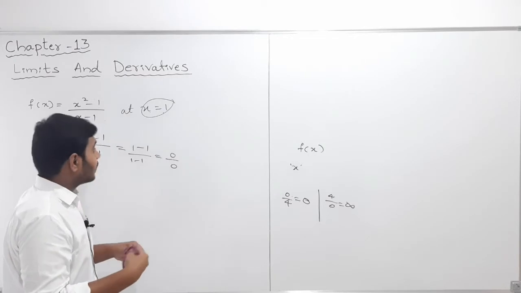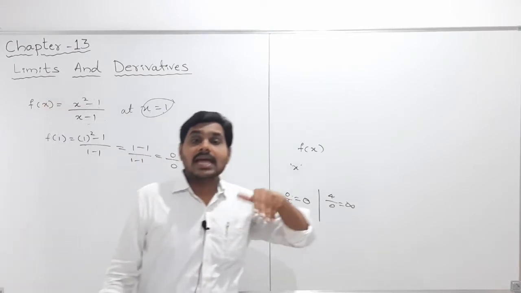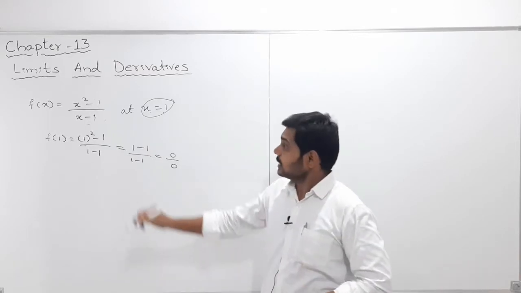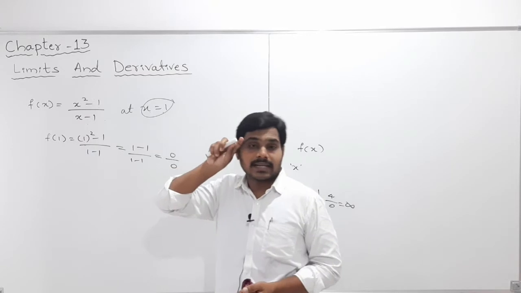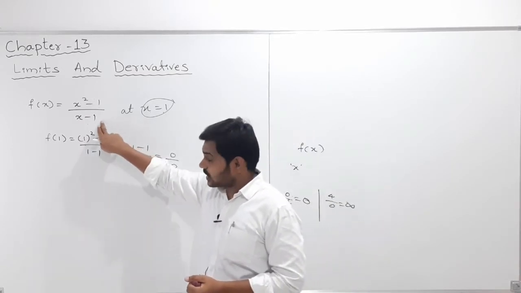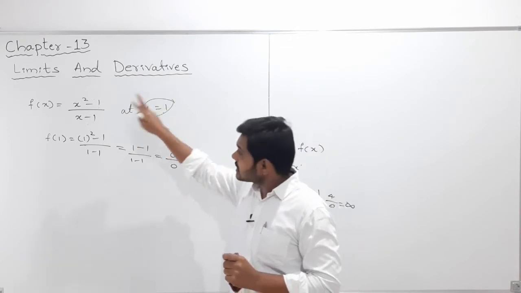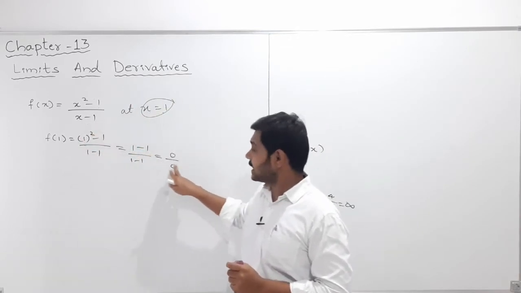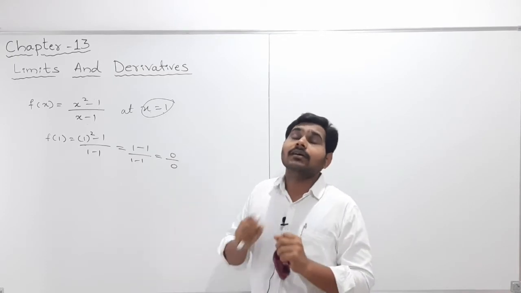So now my dear students, in such situations, I gave you one function, f of x is equal to x square minus 1 whole divided by x minus 1. In this function, at a particular x equal to 1, if I substitute, I am not getting the answer, I am getting an indeterminate form.